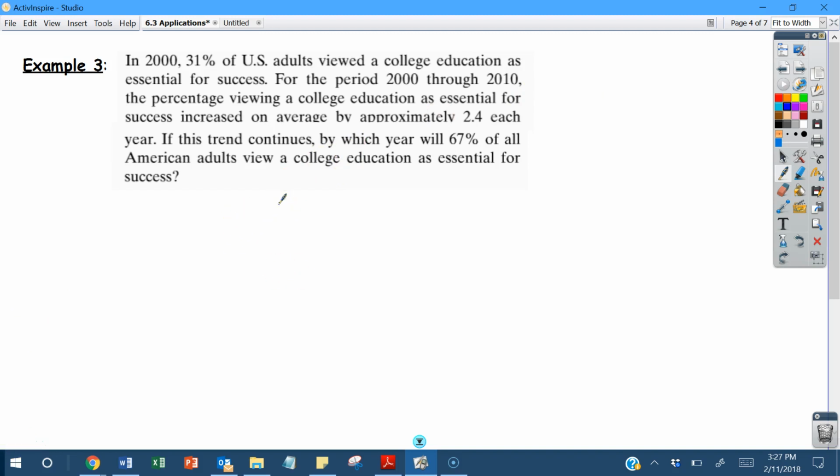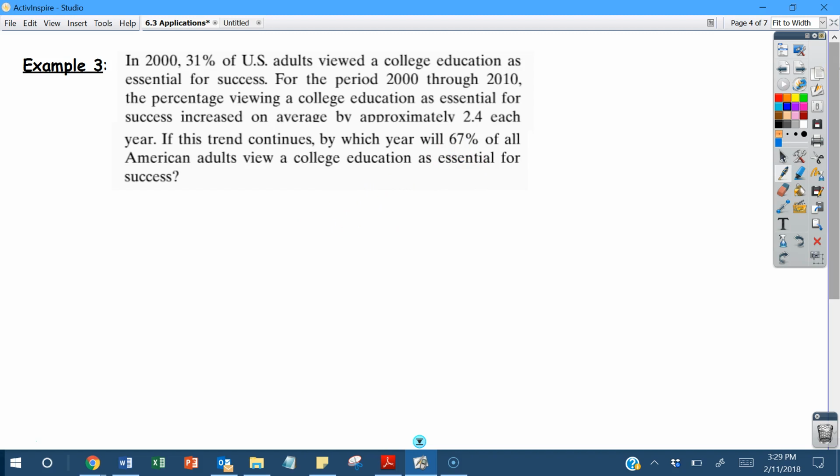In this case, it's not 100% clear what the variable is, but we do know that you start out with 31% of adults viewing college as a success, and we want to know when you end up with 67% viewing college as a success.